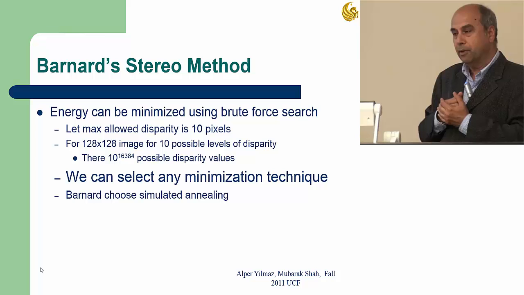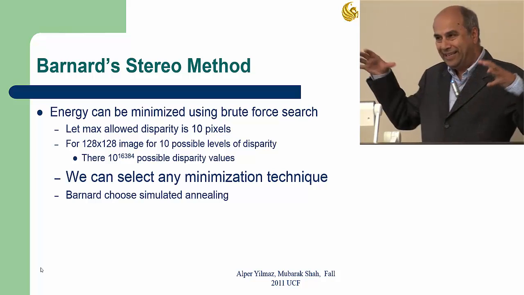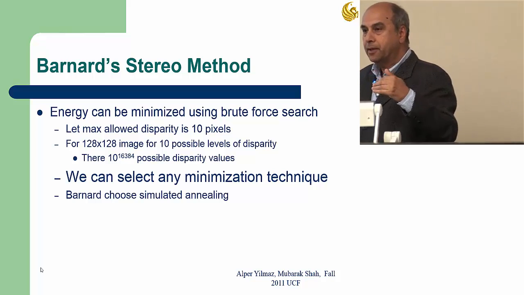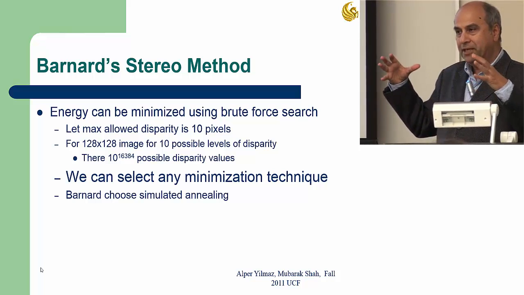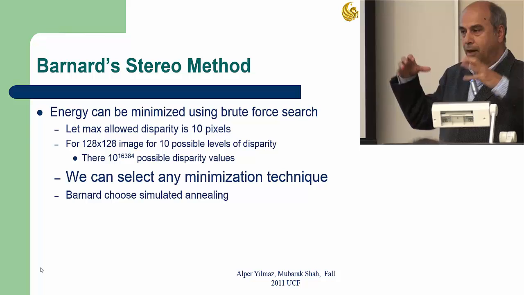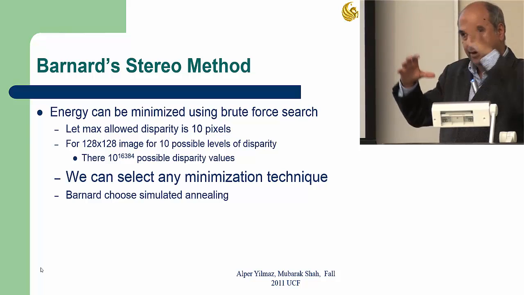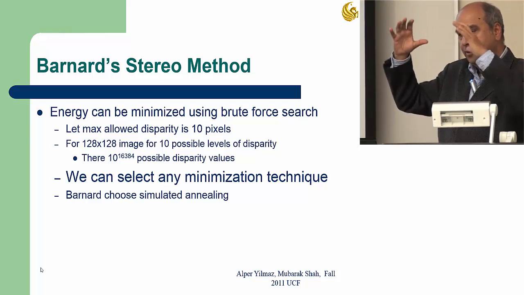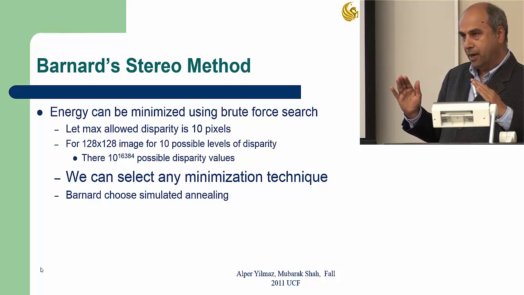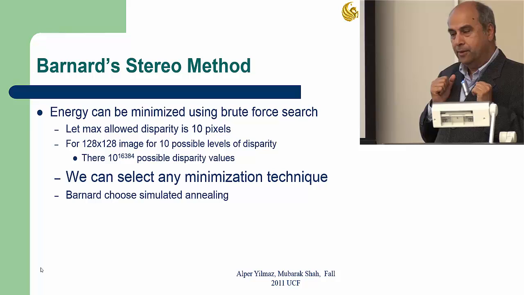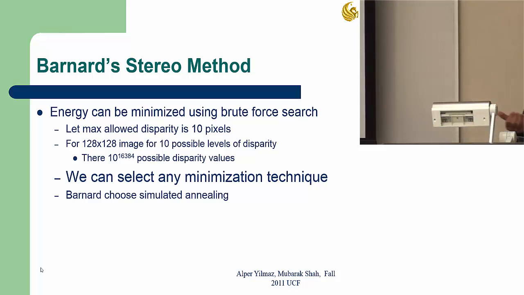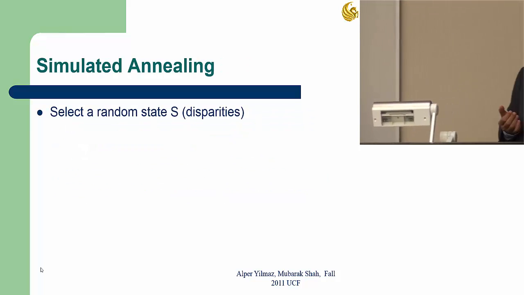When they want to make good materials, they heat up to very high temperature, then lower the temperature slowly. When you heat up, the molecules and atoms have lots of movement. Then when you slowly lower down, they become stable and you get a very nice material. So that's what we are going to do here.